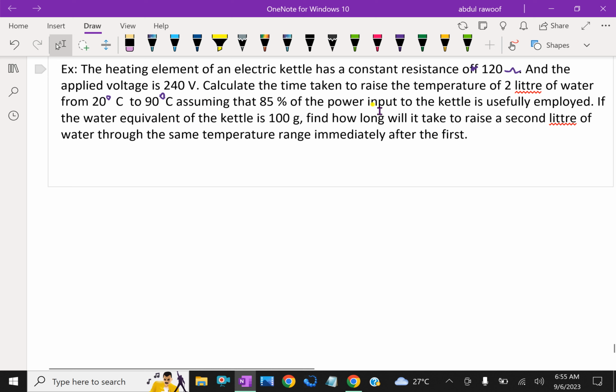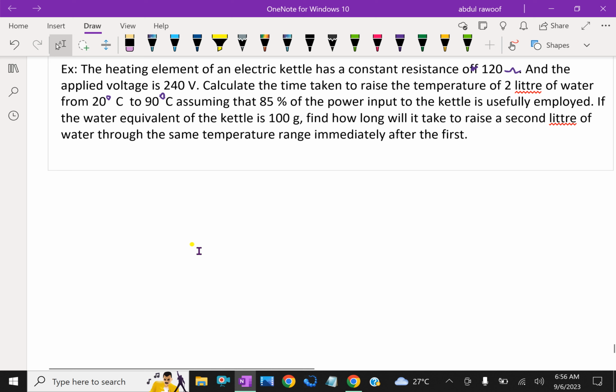Calculate the time taken to raise the temperature of 2 liters of water from 20 degrees Celsius to 90 degrees Celsius, assuming that 85% of the power input to the kettle is usefully employed. If the water equivalent of the kettle is 100 gram, find how long it will take to raise a second liter of water through the same temperature range immediately after the first.